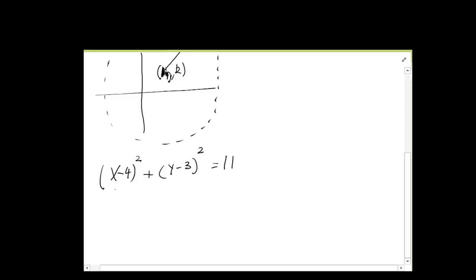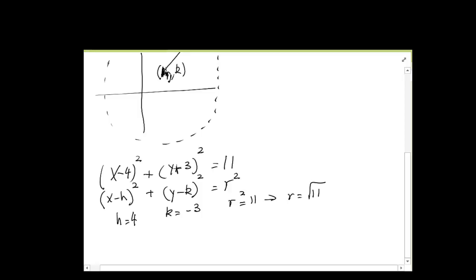Well, what I'm going to do is write my standard equation. This is called the standard equation, where h and k are the coordinates of the center of the circle. So if I match it up, I get h equals 4, and let's make this a plus, and k is equal to negative 3, and r squared equals 11, which means r is the square root of 11, and since this is a radius, it has to be a positive number.